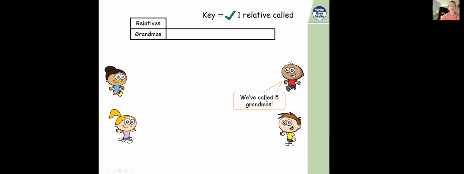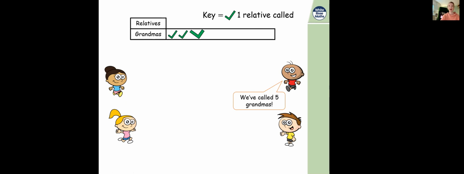Now they called 5 grandmas, so how many green ticks are we going to put in this row here? That's right, 1, 2, 3. What's happened? Did they do a crazy tick? Does that look like the same tick that's in the key?